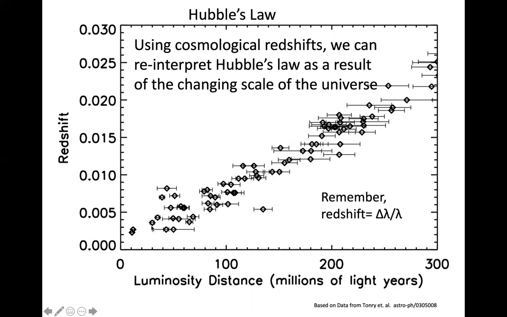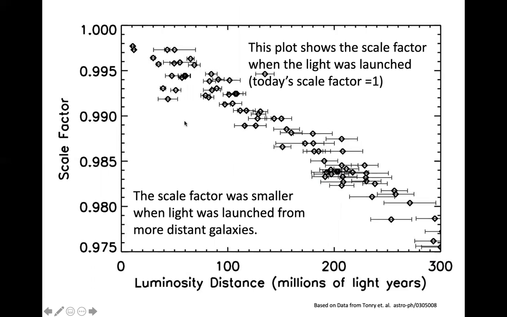So we can say that the scale factor at this time in the past was 99%. So it's grown by 1%. And you can do that for any of these other points. So we can say that the scale factor of the universe was smaller in the past. This is why we call it cosmic expansion. The universe's scale, the average distance between galaxies, has increased over time.